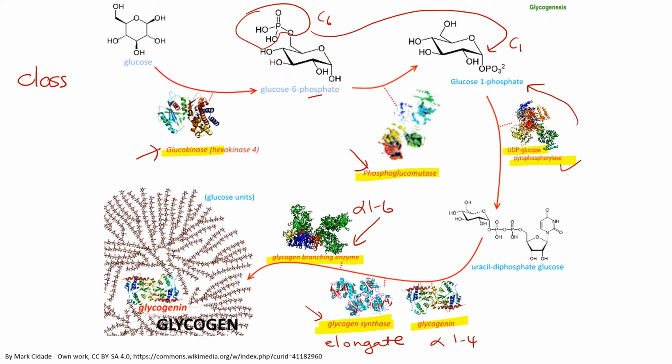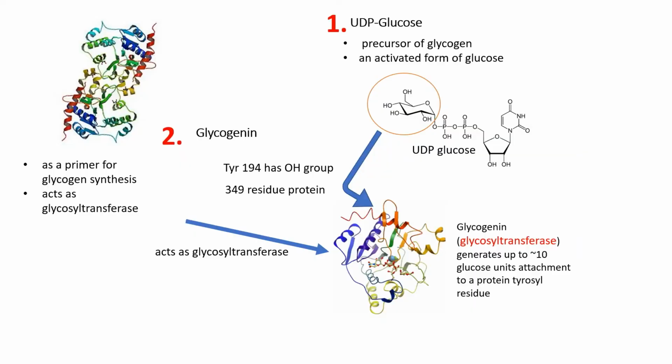Okay, next we are going to take a look at the process briefly. To add glucose to the existing glycogen, our body activates the glucose to form UDP glucose. So this is an active form. You can see the glucose and the structure of UDP.